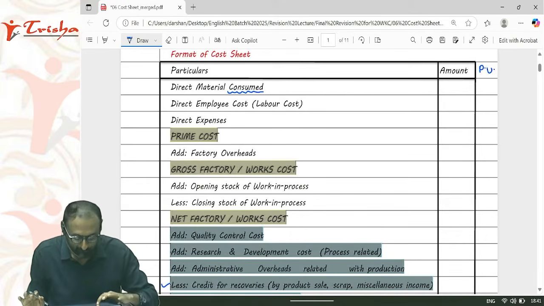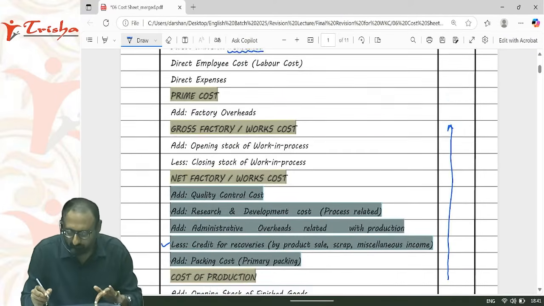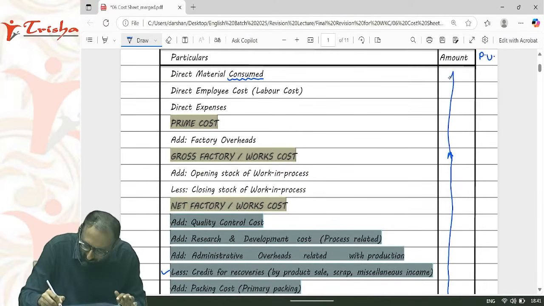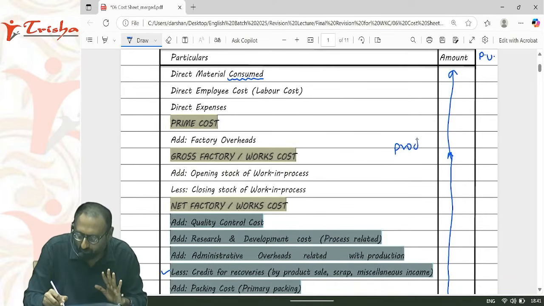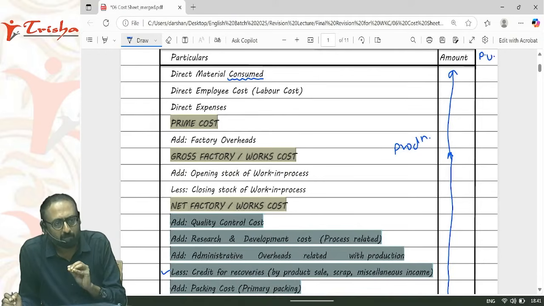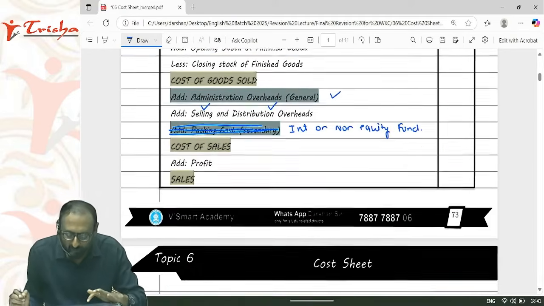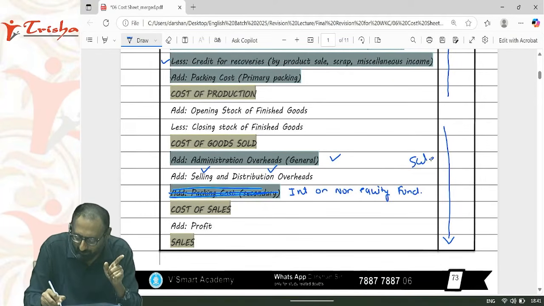First thumb rule: up to cost of production, divide every figure by production quantity. After cost of production, divide everything by sales quantity.